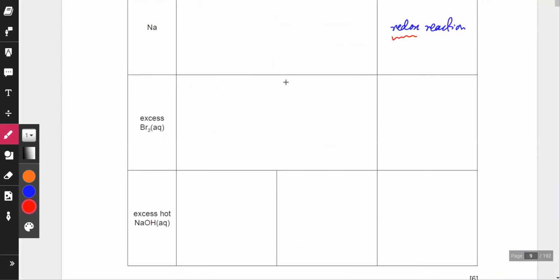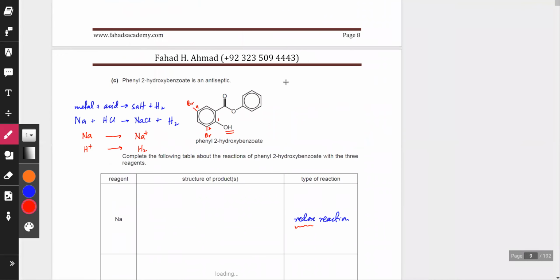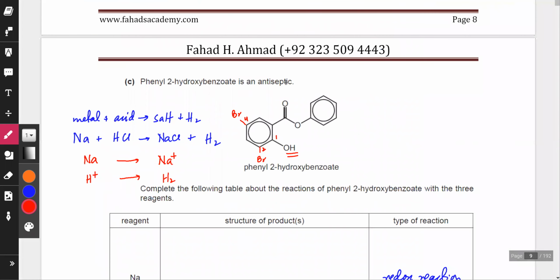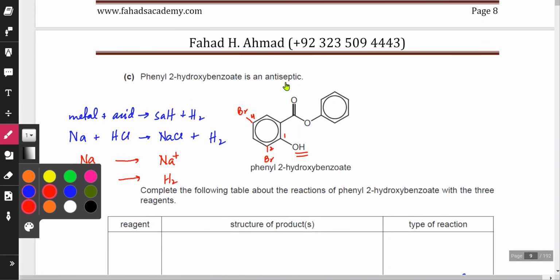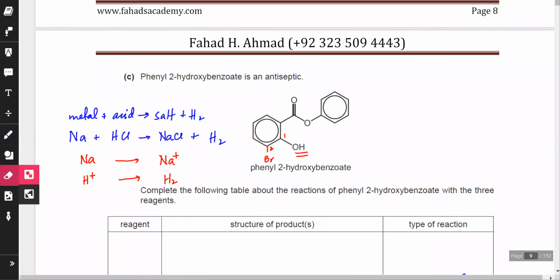I said the next part is excess hot NaOH. What does that do? Now, excess hot NaOH, what that would do is, and remember, two things would happen. One is that phenols are acidic. So NaOH would definitely go and react with the phenol part to form a salt.